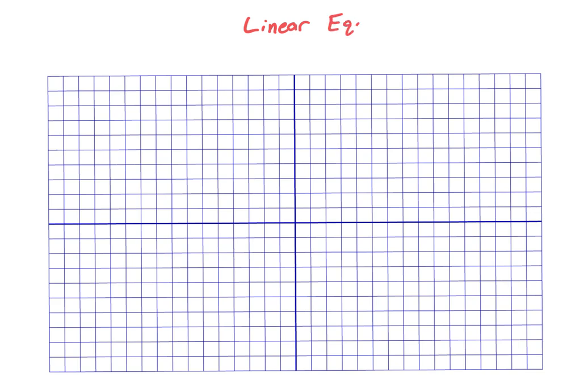Okay, so first up, we're going to talk about what we call a linear equation. And there's several different forms of a linear equation. But if I say linear equation, what does that tell me about my graph?